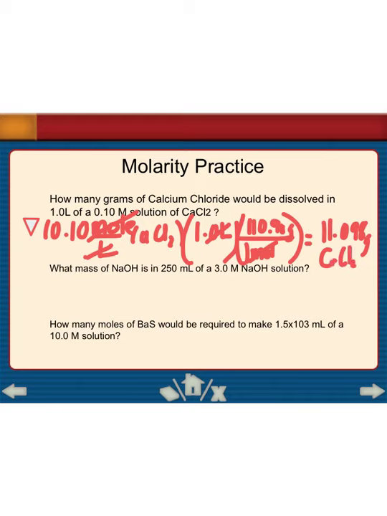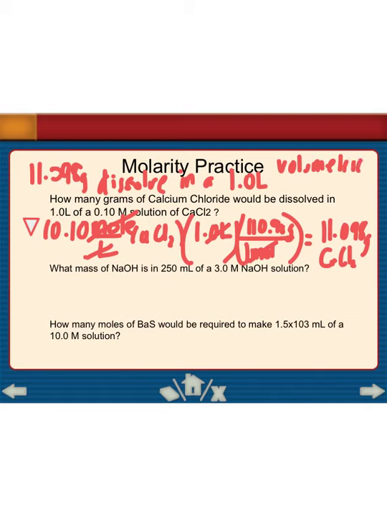And again, there's only 2 sig figs, but if I were making this up, I'd want it to be as accurate as possible. And I would weigh out 11.098 grams of calcium chloride and dissolve it in a 1.0 liter volumetric flask.